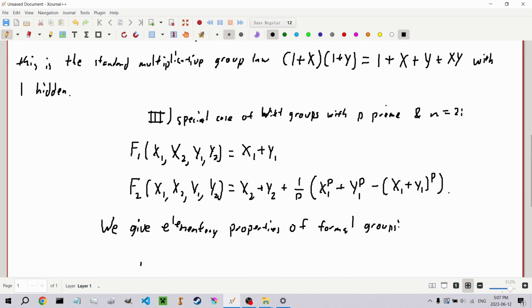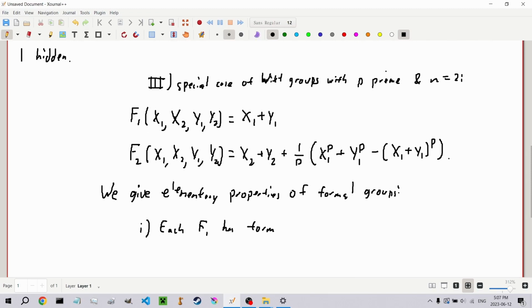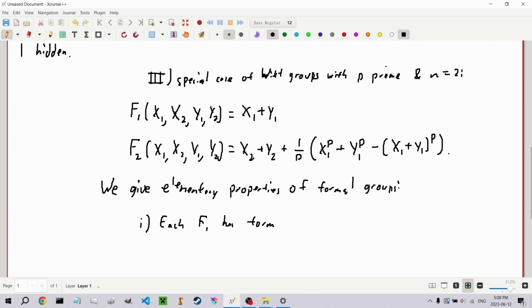Okay, so first off, each Fi has the form, notation here got messed up, but I'll translate.